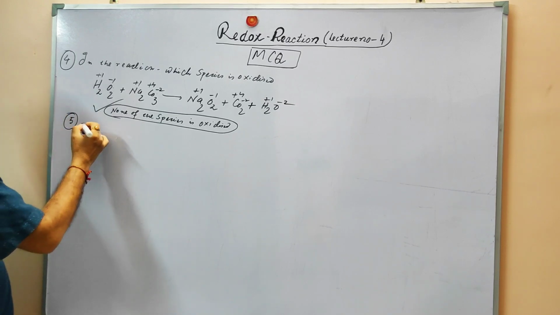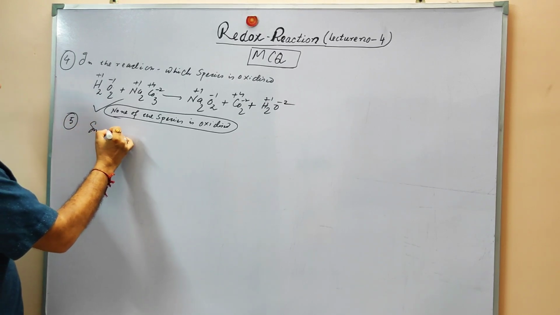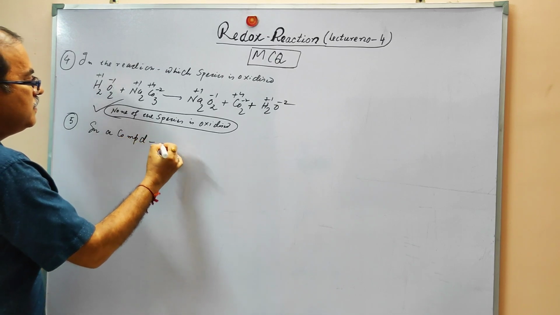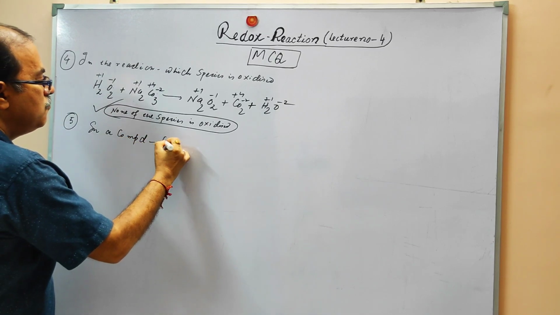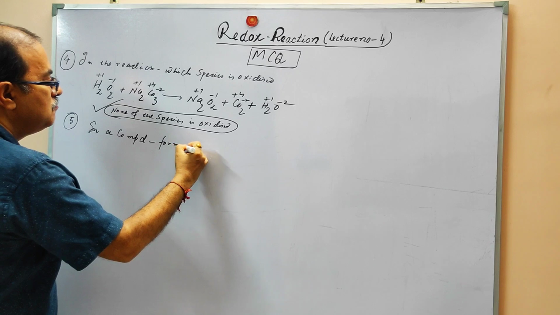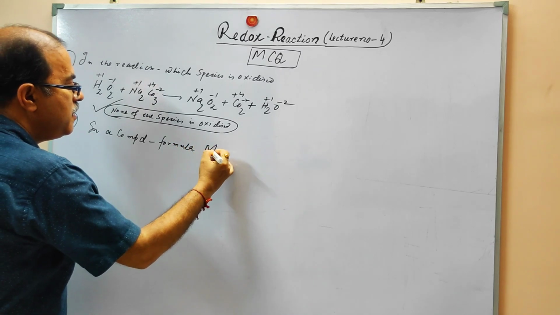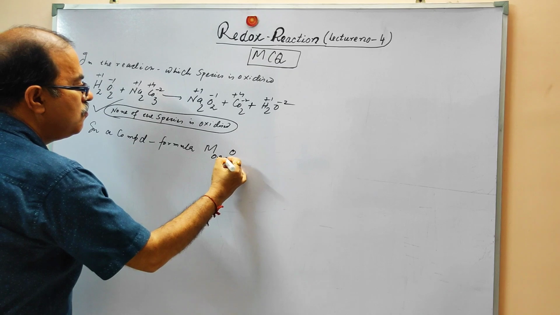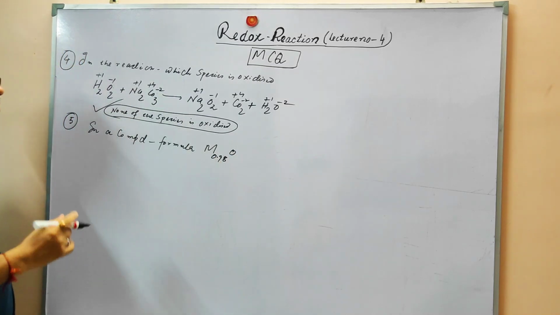This is basically a numerical. In a compound, it is found that its formula is M0.98 O. The compound is an oxide.